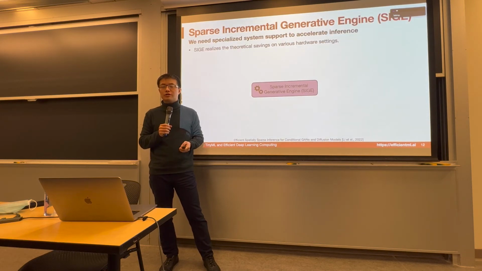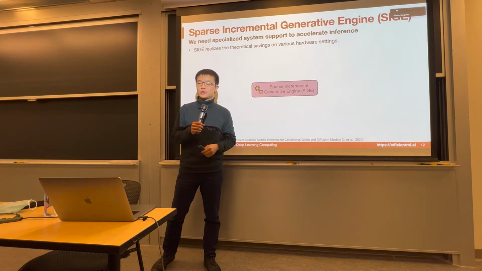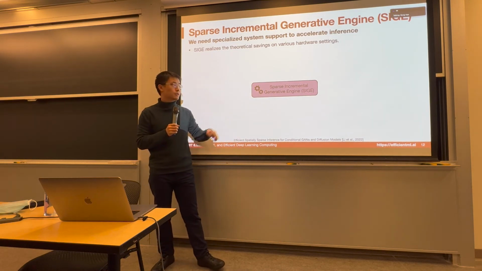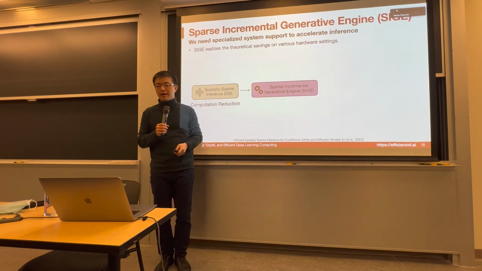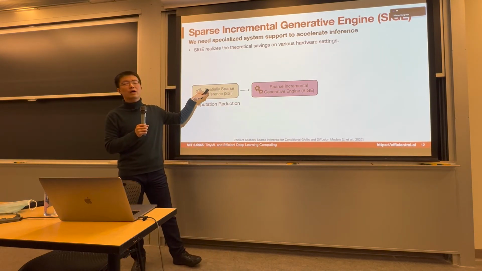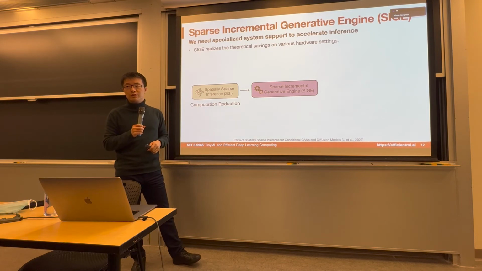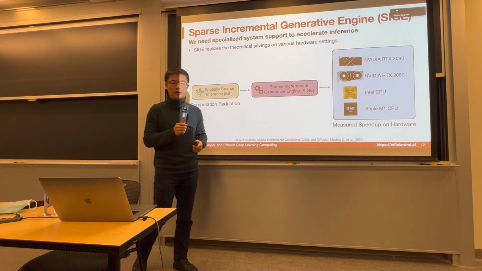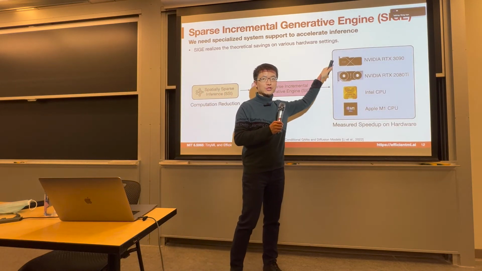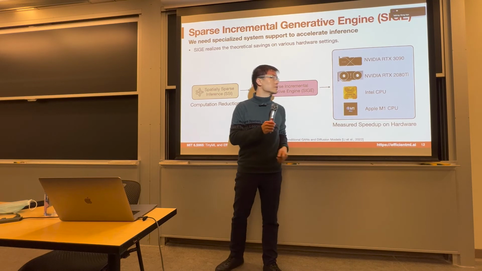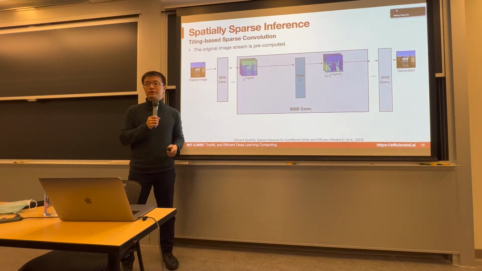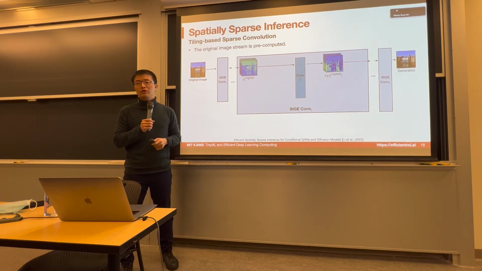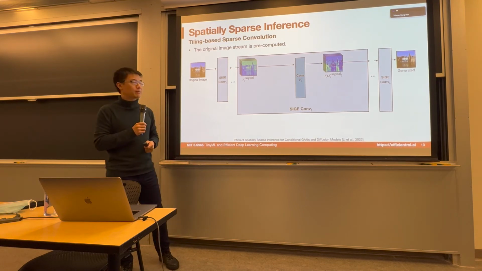To support that, we propose a sparse incremental generative engine, SIGE, so that we can reduce the computation to only work on the spatially sparse, edited region. We can also achieve good speedup on diverse platforms: Apple CPU, Intel CPU, and NVIDIA GPUs. Let's walk through how we achieve that actual speedup.